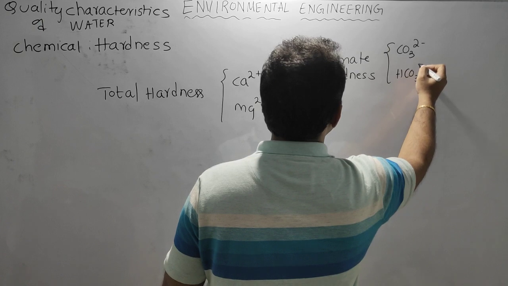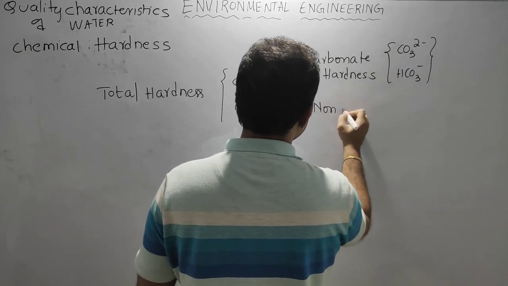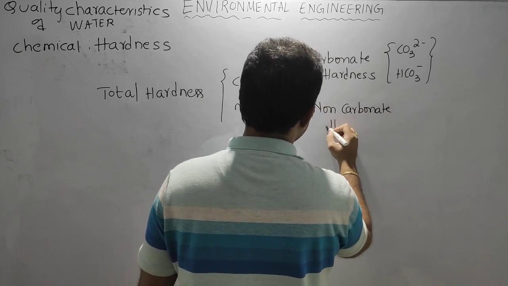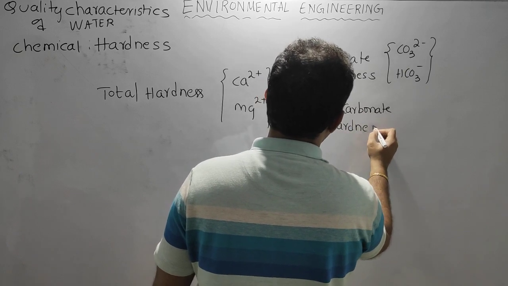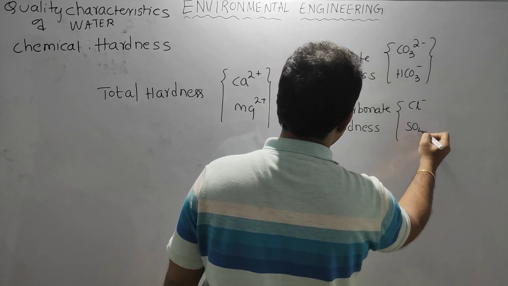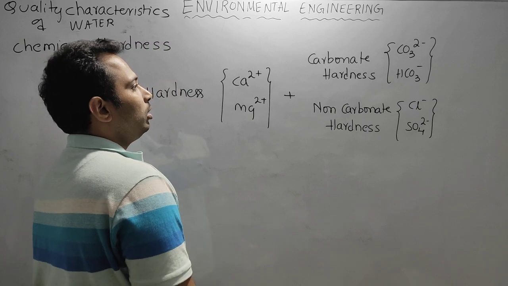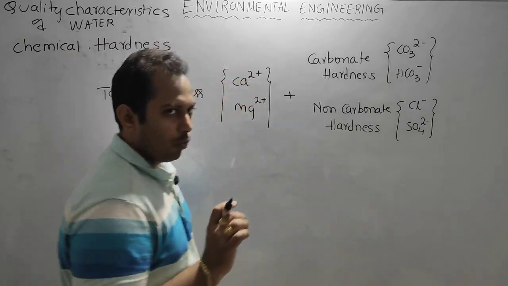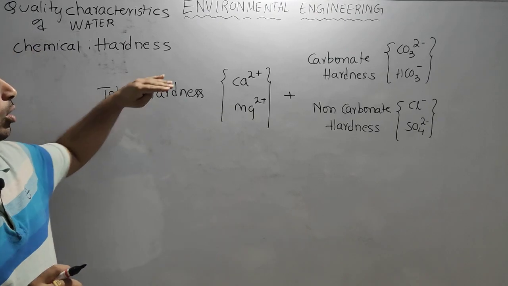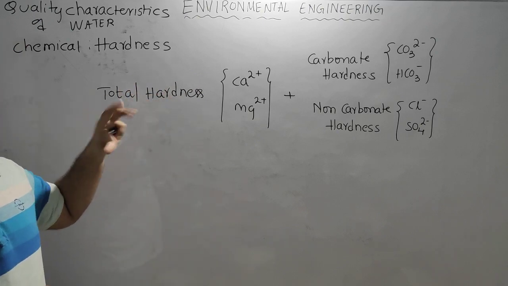So this is carbonate hardness plus non-carbonate hardness. Non-carbonate hardness, that is Cl- and SO4 2-. This is non-carbonate hardness. So here when we want to find the hardness, if we find the concentration of Ca2+ and Mg2+, we will get the total hardness.